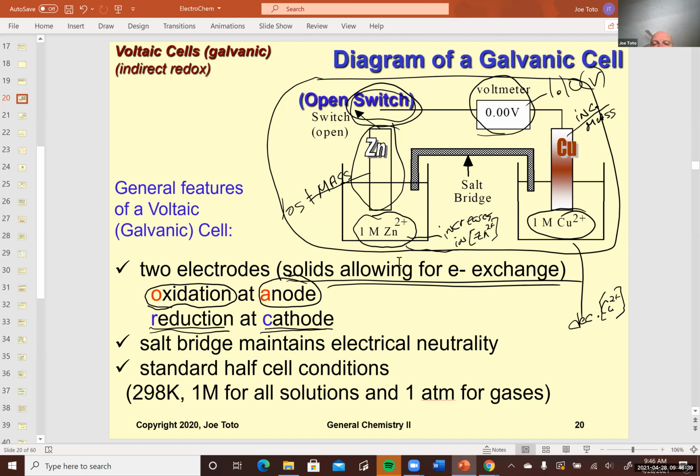All righty, so now I set up everything that happens for you. Can anybody explain the half reactions that are involved in this cell that would explain the experimental evidence of gaining and losing mass on the electrodes and increasing, decreasing concentration?